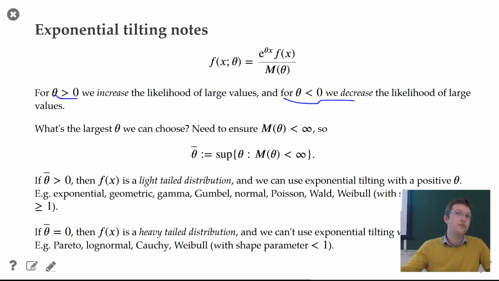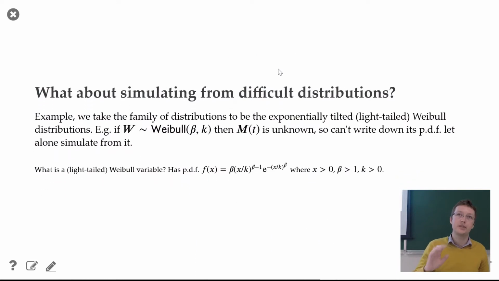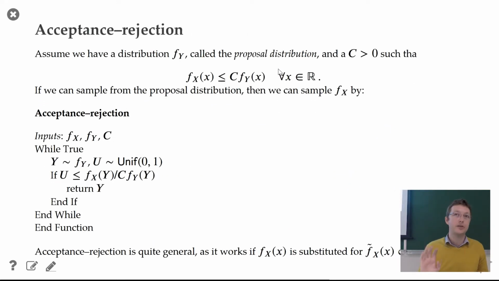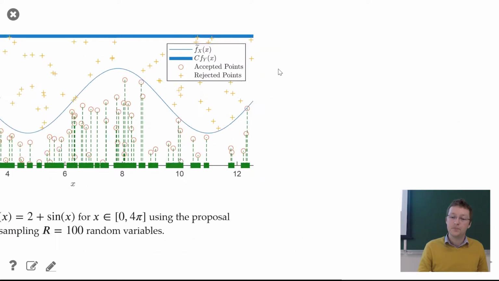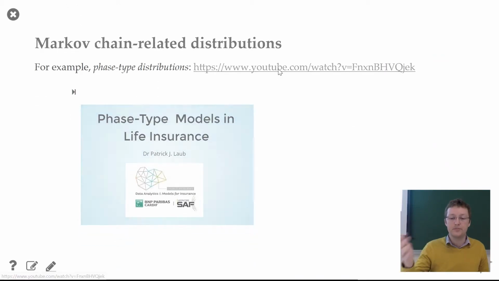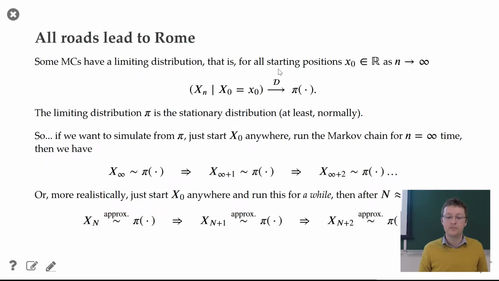For Weibulls, you just don't know that number. So you only have access to the density that you want to simulate from up to a scaling constant. And with this Markov chain technology, that doesn't matter. Even if you know it only up to a scaling, that's good enough. But maybe if I keep going, it'll make more sense.